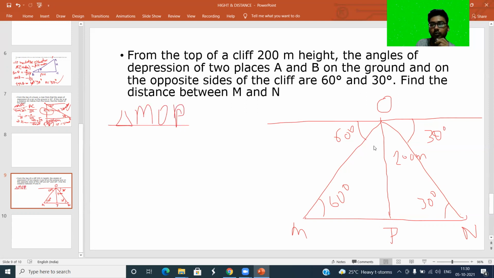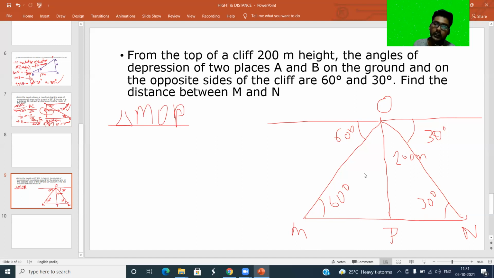We take tan. Why? Because the height is given, we need to find the base MN, the distance between the two points. We need to find the MP value, and then the PN value. MP plus PN gives the MN value.